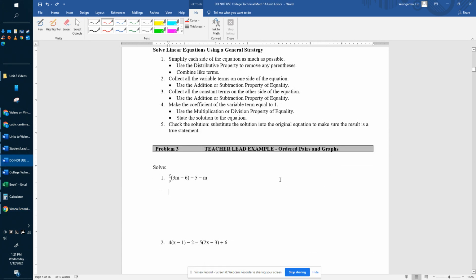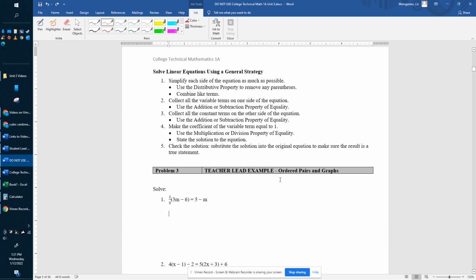So to solve a linear equation, we want to simplify both sides of the equation as much as possible. You may have to use the distributive property, combine like terms. Then we want to move all of the variables to one side of the equation and move all of the constants to the other side, simplifying along the way.